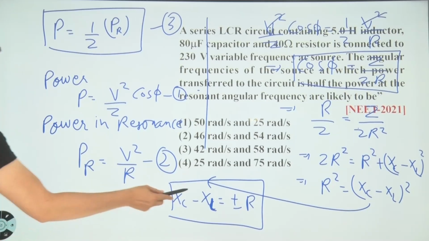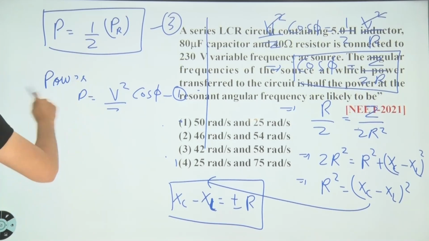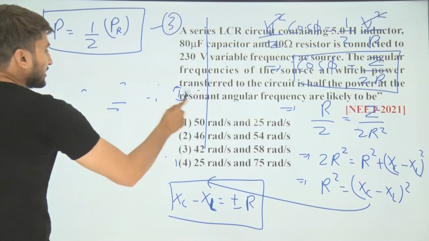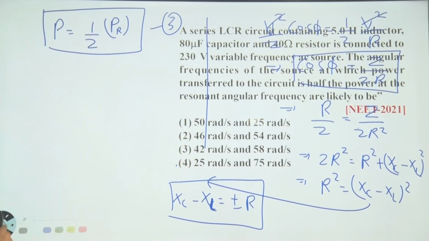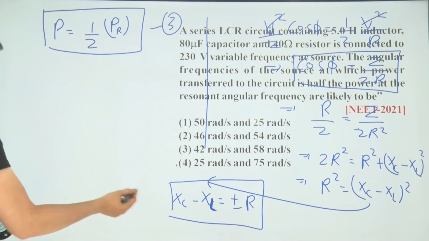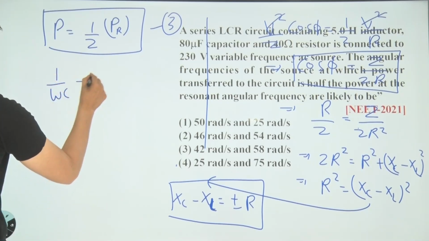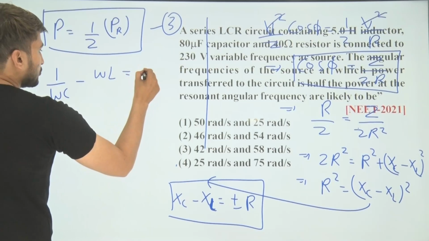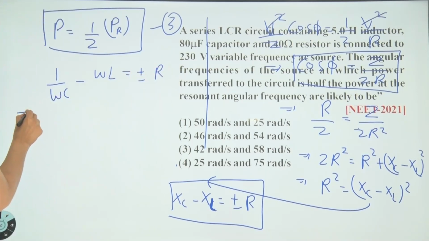XL is omega L and XC is 1 upon omega C. So 1 upon omega C minus omega L is equal to plus minus R.